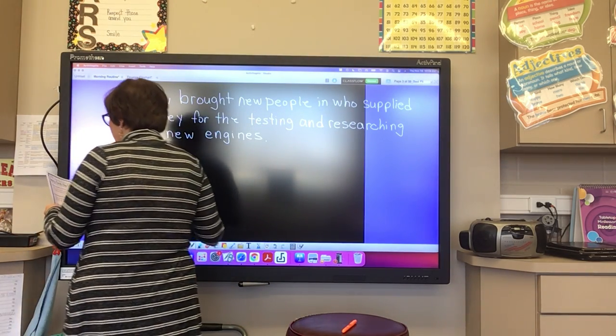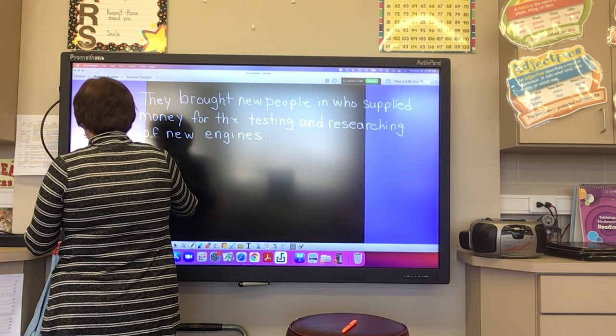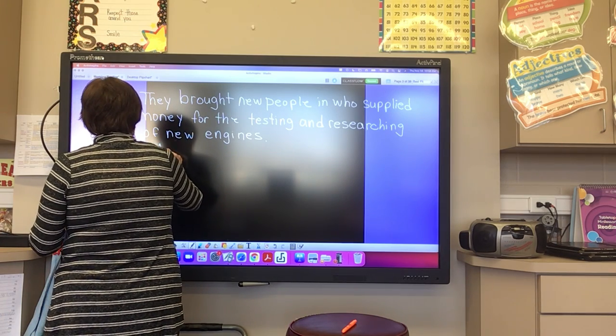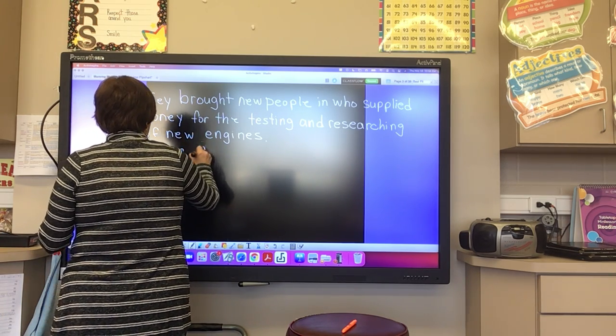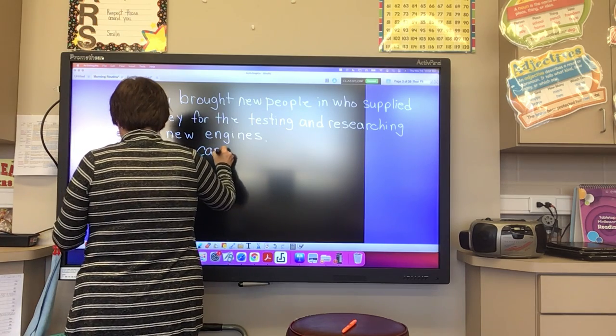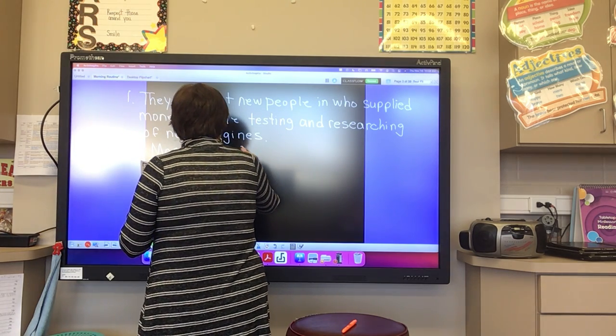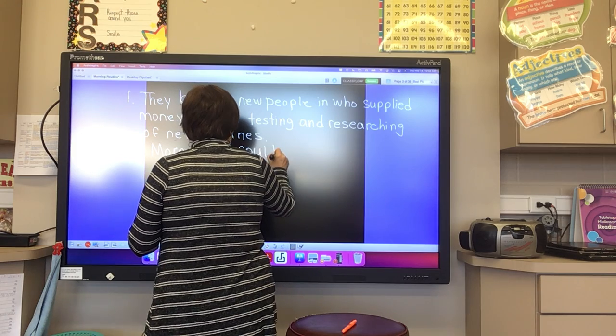So now let's say more cars could be made faster.